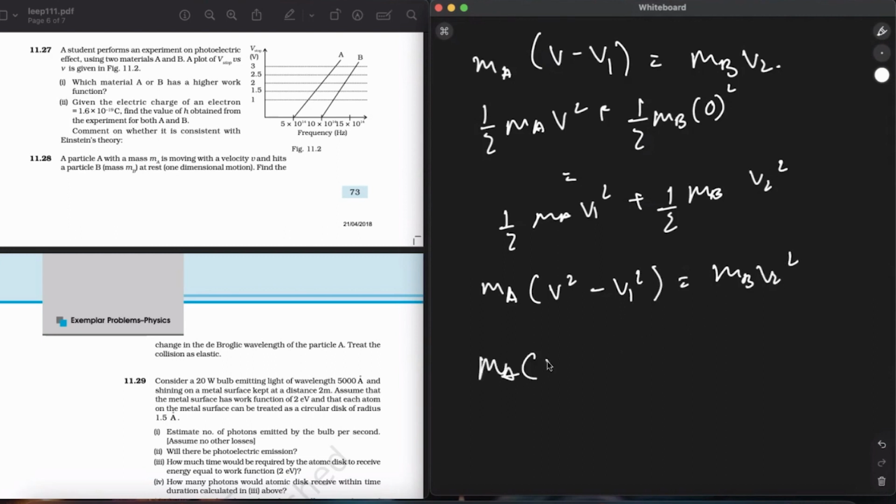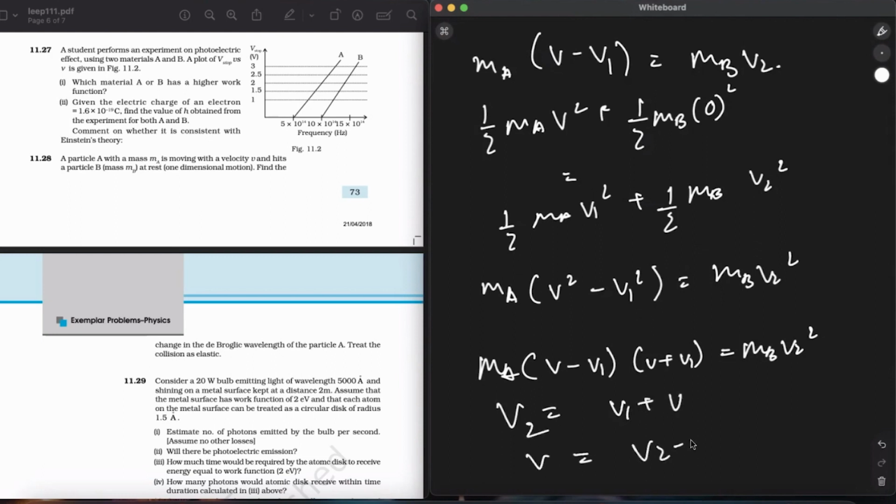So mA(v minus v1)(v plus v1) equals mB v2 square. Dividing equation 2 by equation 1, you can simply get v2 equal to v1 plus v, and v is equal to v2 minus v1.